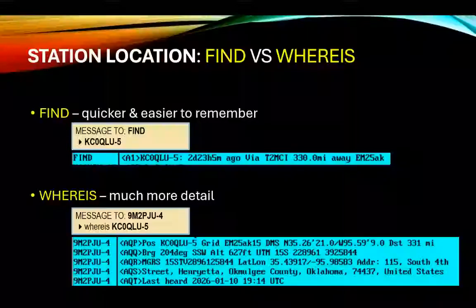It shows his lat long in degrees, minutes, and seconds, as well as decimal degrees. It shows his distance and his bearing. It shows his altitude and his grid square, as well as the address, and then the last heard in absolute time. So if you just want a quick answer, find is very easy. If you really want to know more information, the where is to the 9 Mike station is very useful as well.